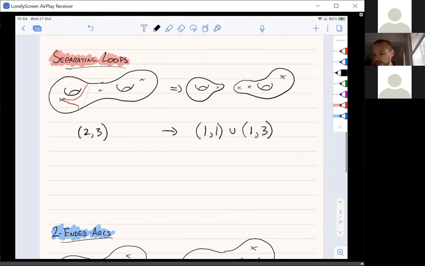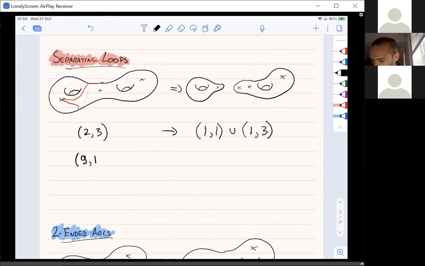Here's the same surface. Now we cut along this separating loop, and because it's separating, we have 2 components in the complement. The first one in this case has 1 puncture, 1 genus, and the other one has genus 1 and 3 punctures.